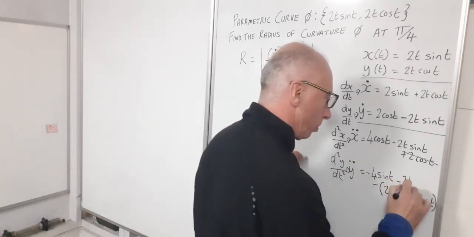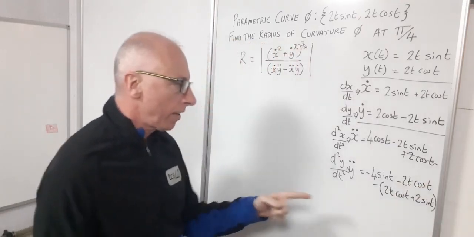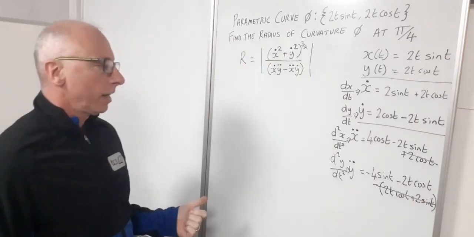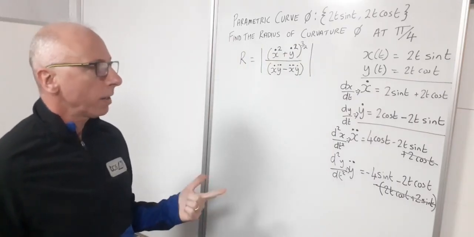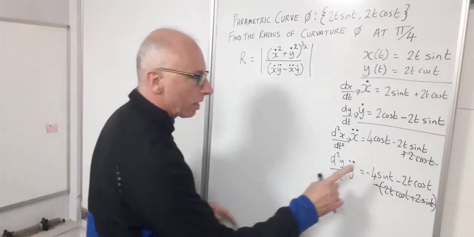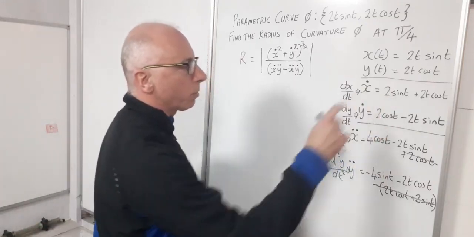So that takes care of that. Okay, right. Now what we want to do is try to evaluate all of these at pi over 4. So let's just take these marks off the board and evaluate them at pi over 4, and for this one as well.